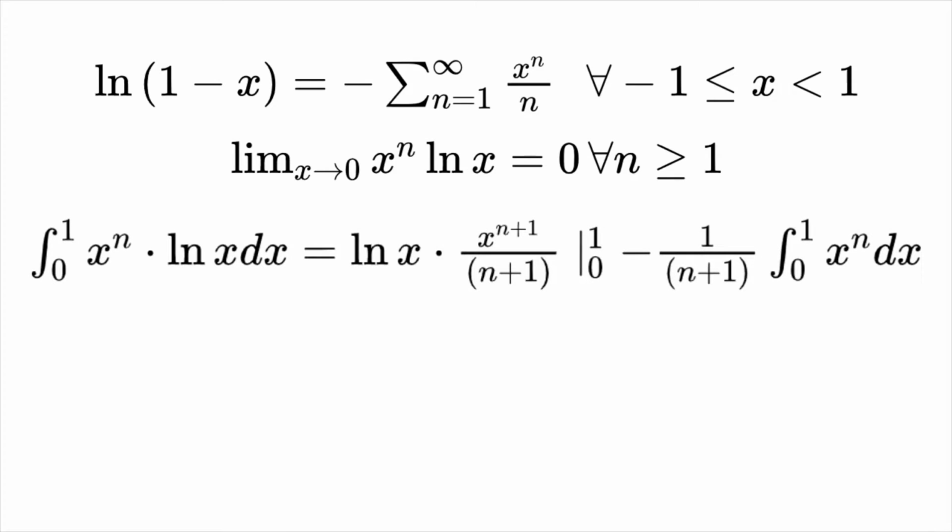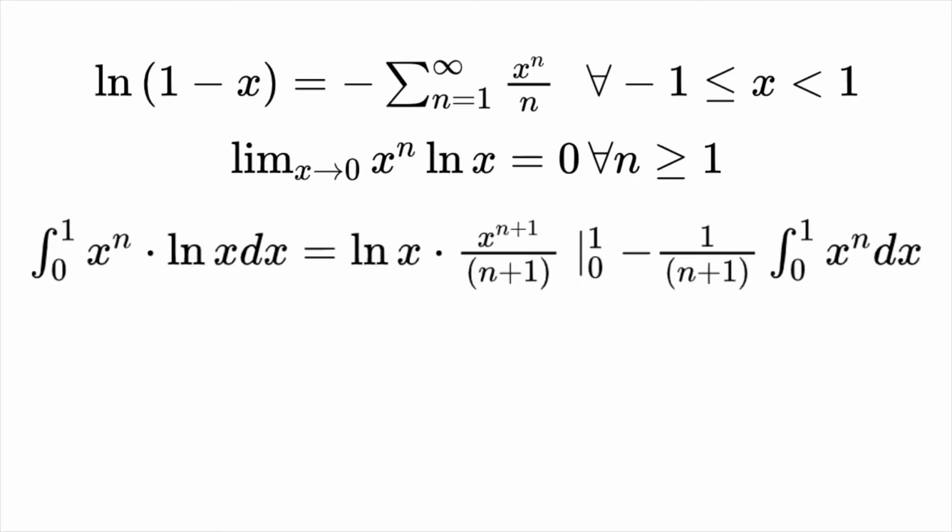The third clue is the integration from 0 to 1 of x to the power n times ln x dx equals minus 1 by (n plus 1) whole square. Here is the proof, where we are using integration by parts. So the ln x part we are keeping intact first, and we are integrating the x to the power n part.